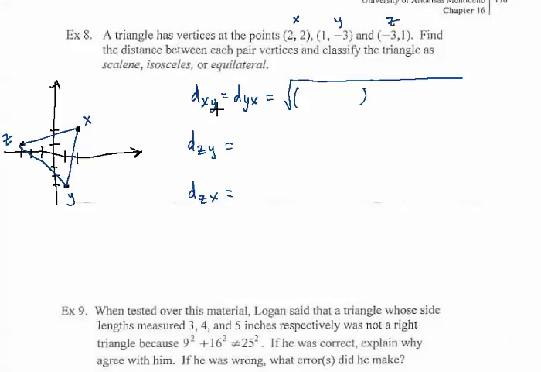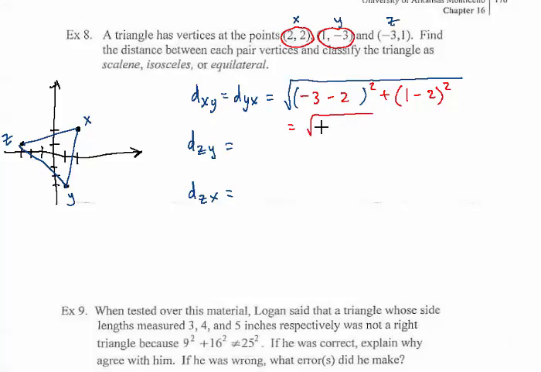Our first 2 points that we're going to consider are Y and X. So we've got 2, 2, and 1, negative 3. We'll subtract the Y's first, then the X's, square both of them, and then take the square root.